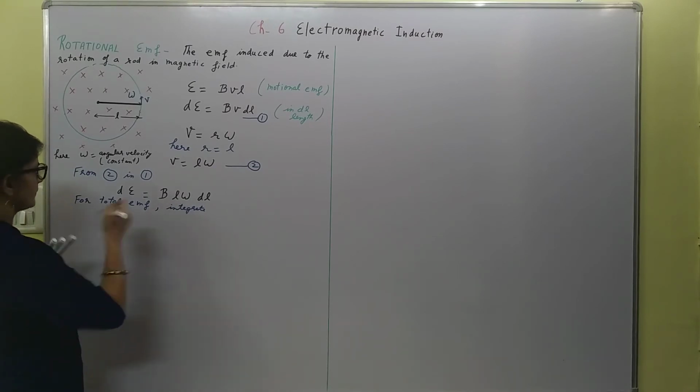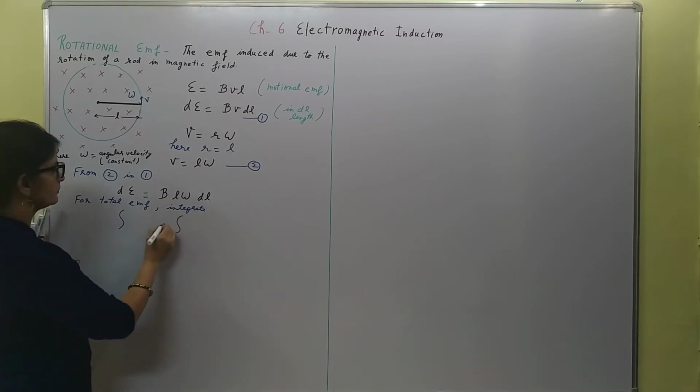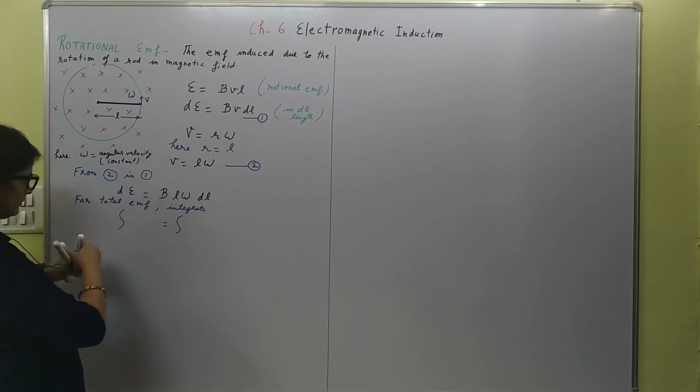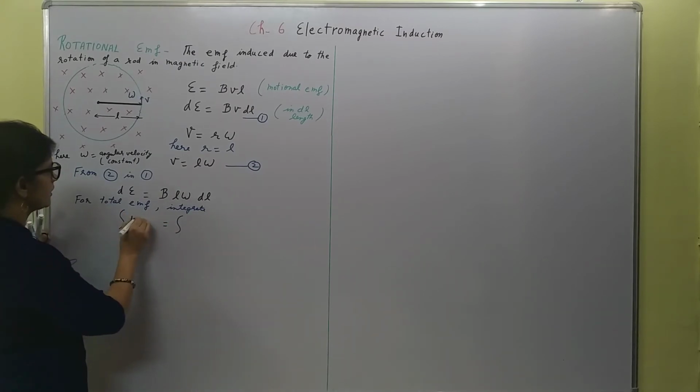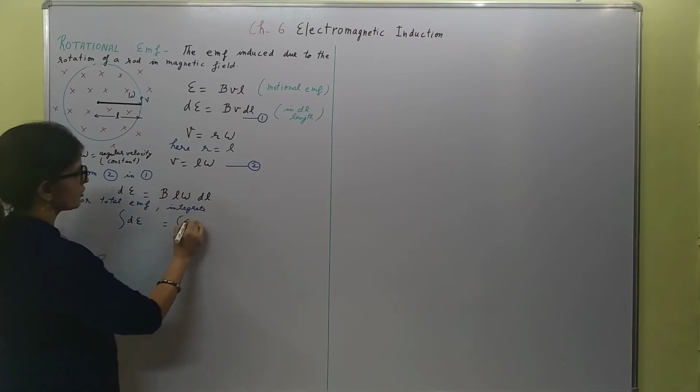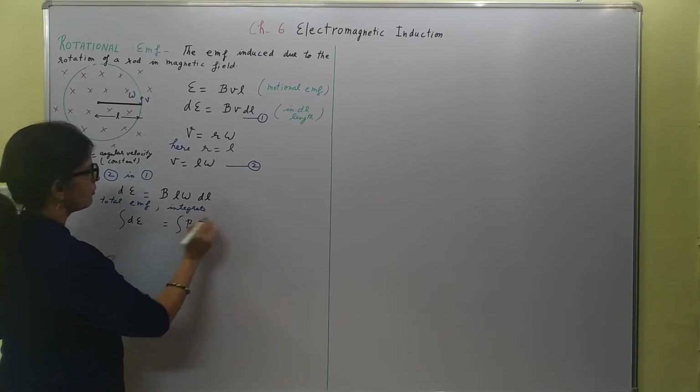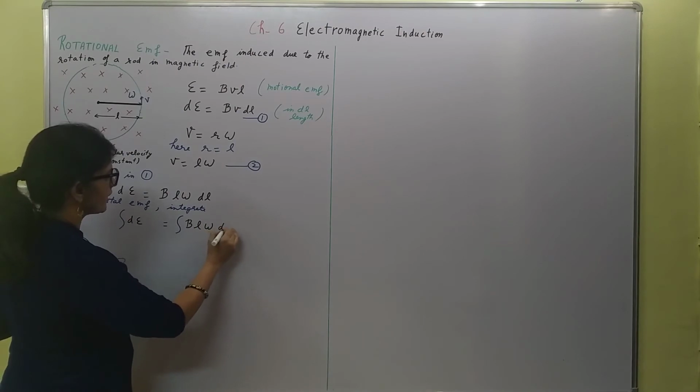So integration of dE is equal to integration of B L omega dl.